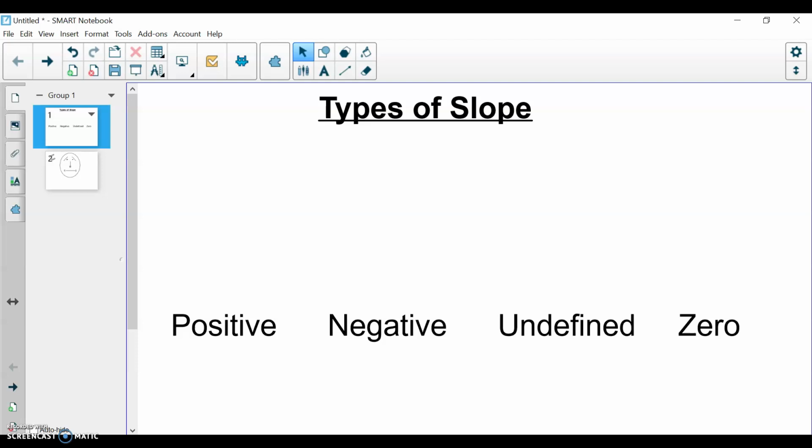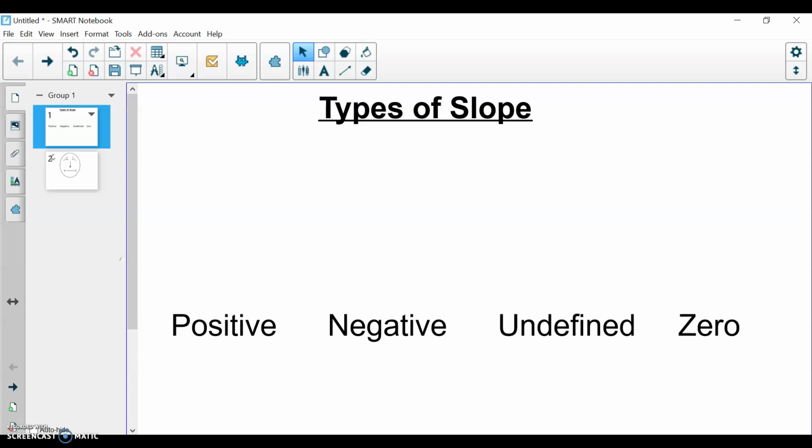Okay, so in the last lesson, you learned all about the different ways to find slope. Some of the ways that you were looking at were finding it from a graph, finding it from 2 points, finding it from an equation, and just simply calculating the slope and giving it a quantity, right?